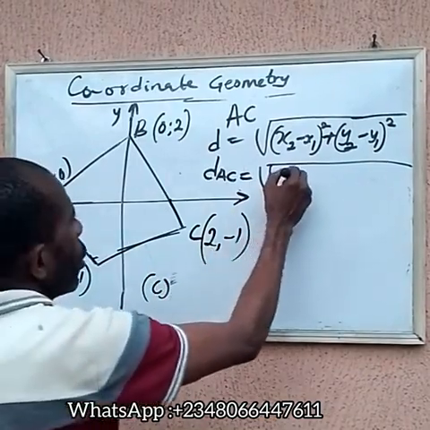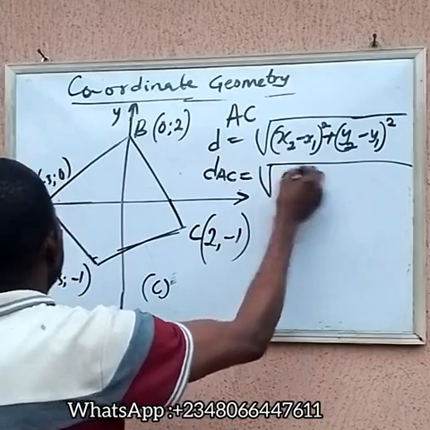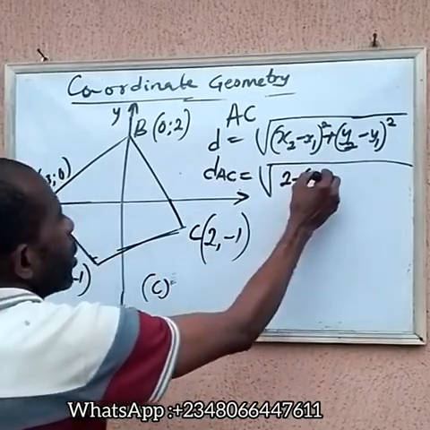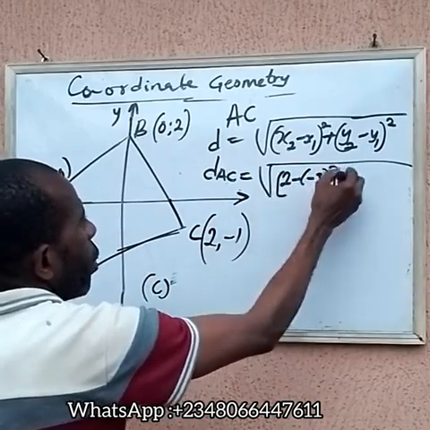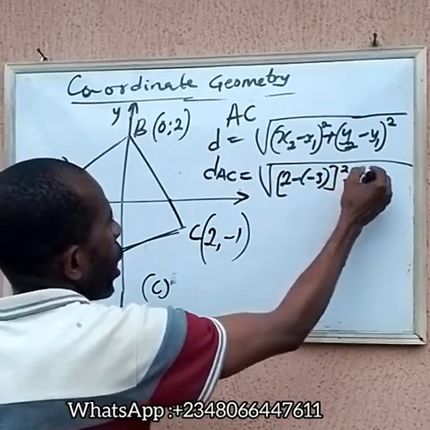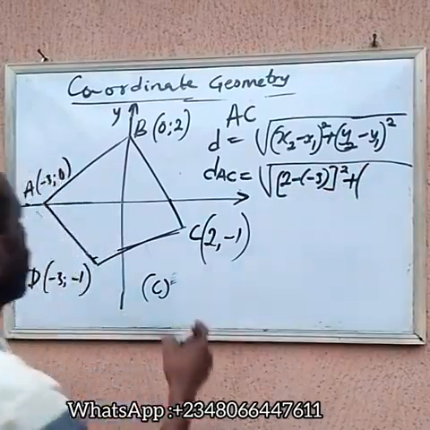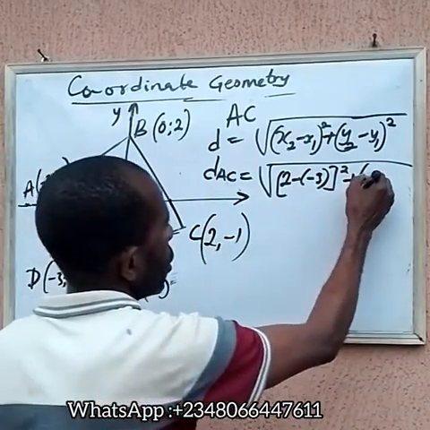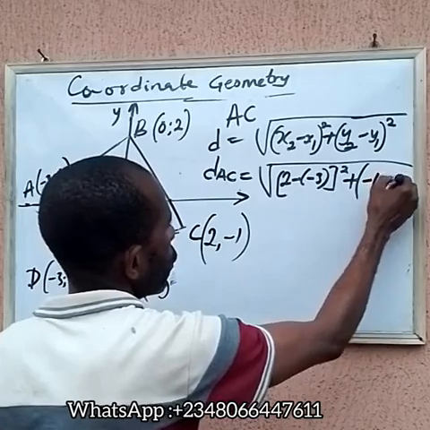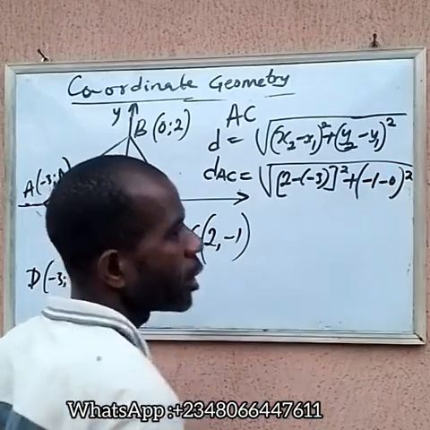That gives us 2 minus x1, which is 3, all squared, plus y2, which is negative 1, minus 0 all squared.